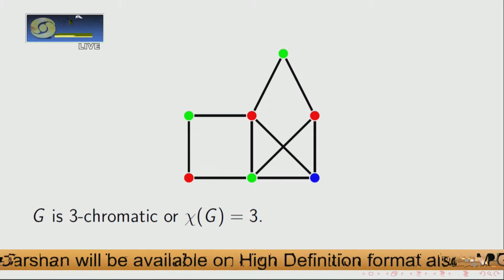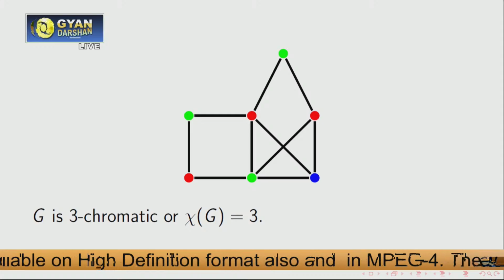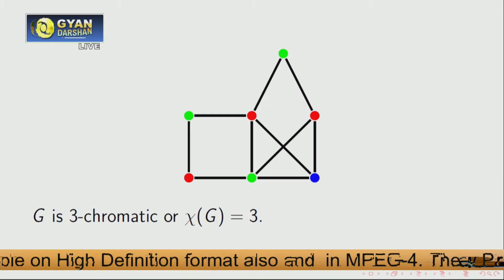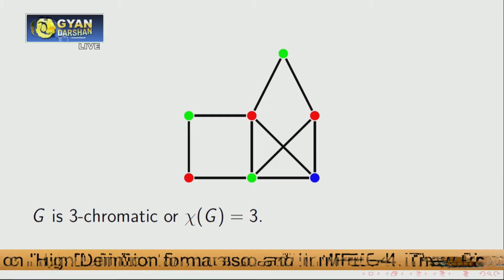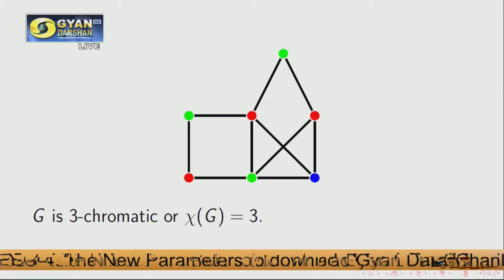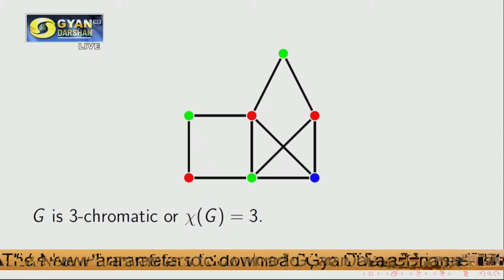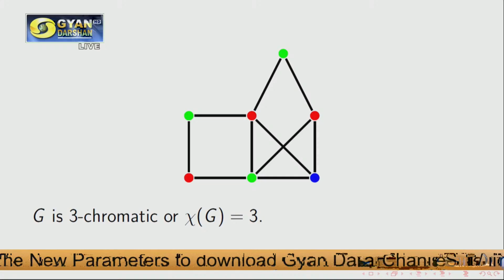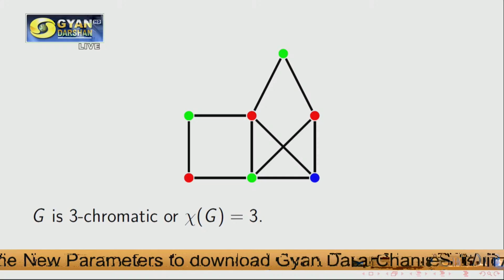Now let's see whether there is a possibility of coloring this graph with fewer colors. That means, can you color it with just 2 colors? The answer is no. Why? Because there is some hidden structure in this graph. Just look at this triangle, the red, green and blue.